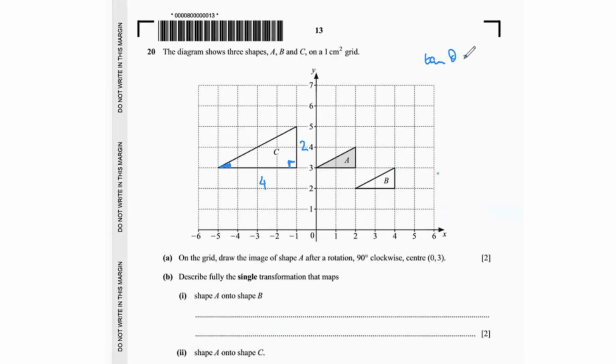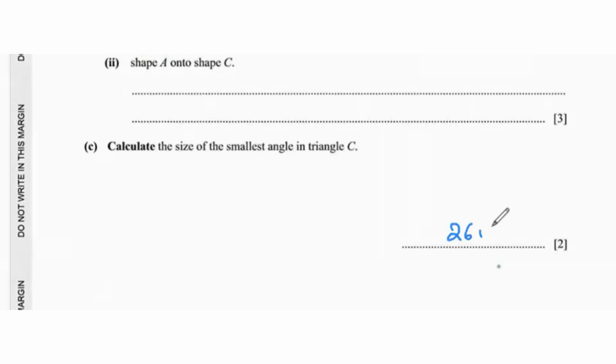Tan theta equals opposite, which is 2, over adjacent, which is 4. So theta equals tan inverse of 2 over 4, which is also 1 over 2. And that's going to give us 26.6 degrees. That is the measurement of the smallest angle in triangle C. That's your answer.